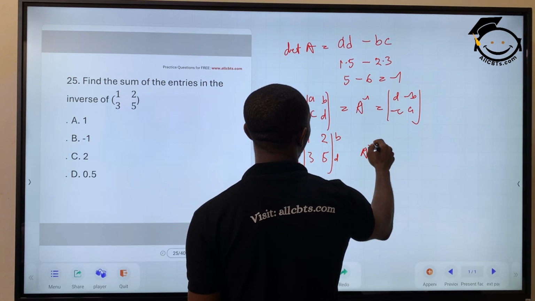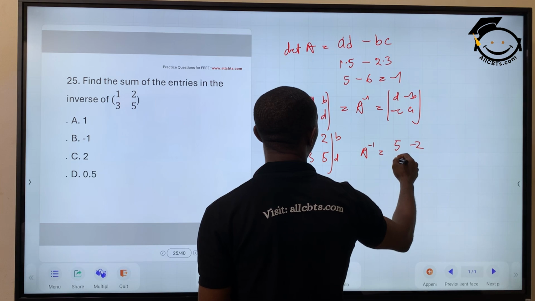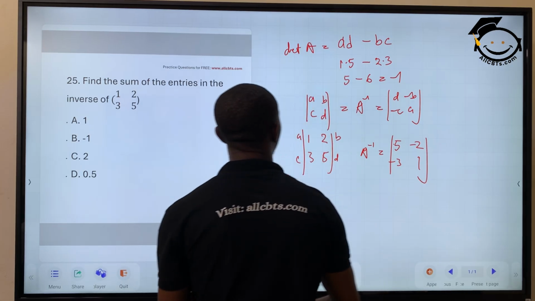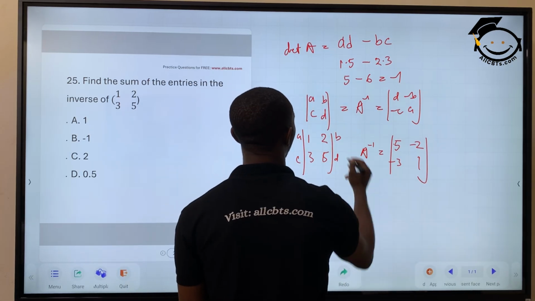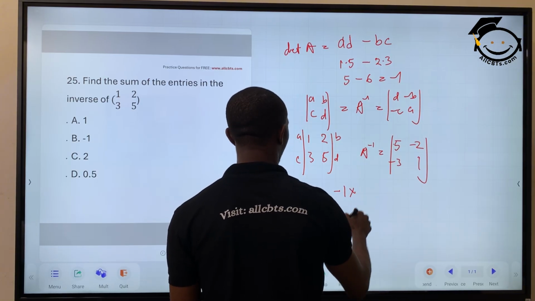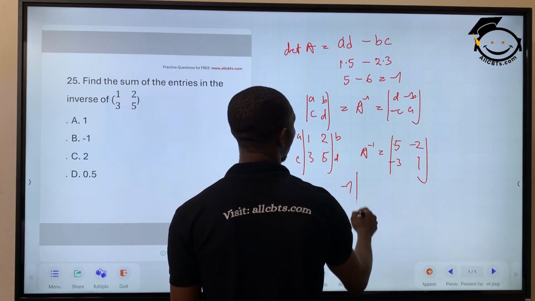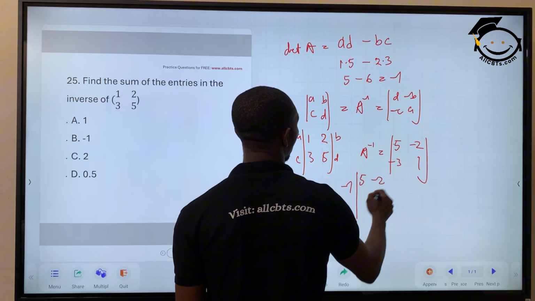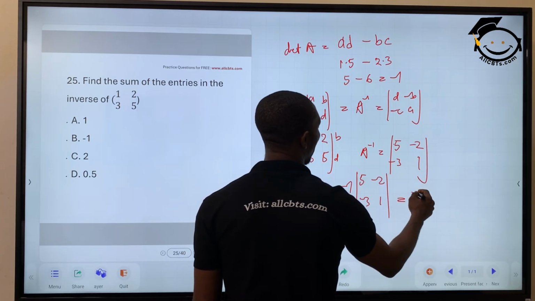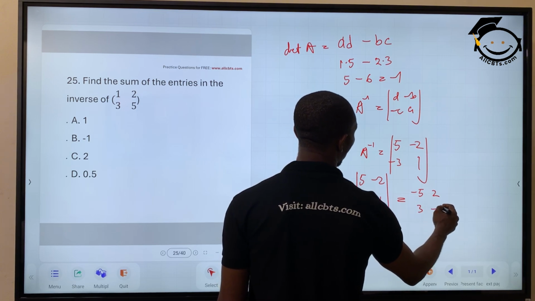So the adjoint will be 5, minus 2, minus 3, and 1. Then we multiply by 1 over our determinant, which is minus 1. So this becomes minus 1 times 5, minus 2, minus 3 and 1. Having that, we have minus 5, 2, 3, and minus 1.